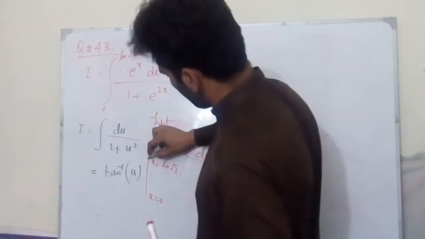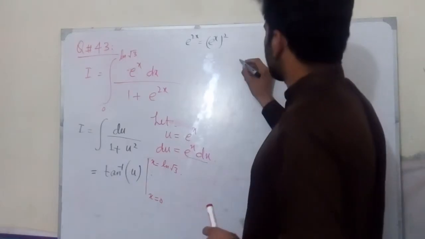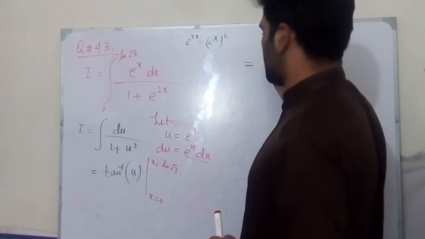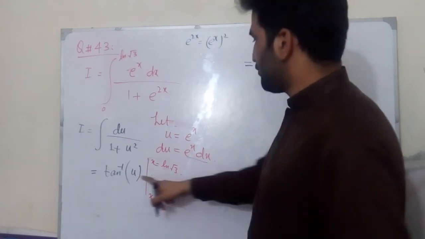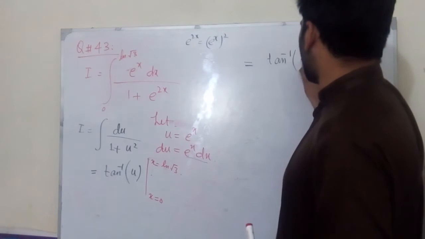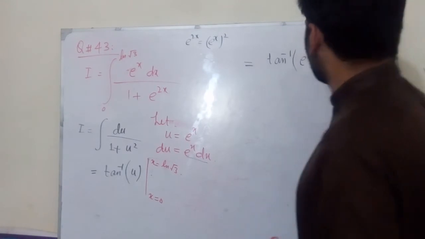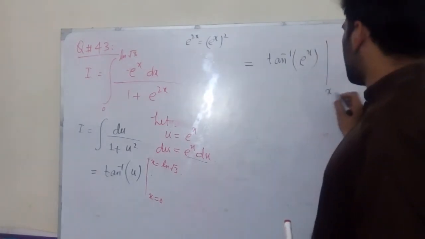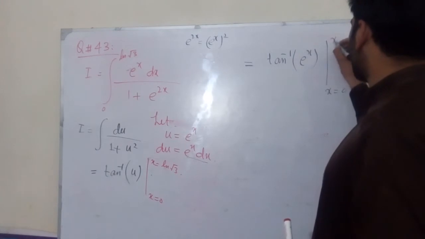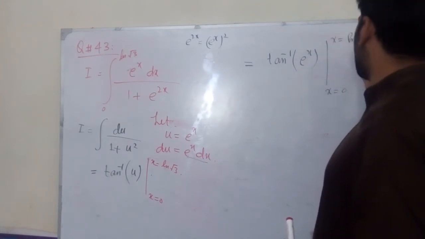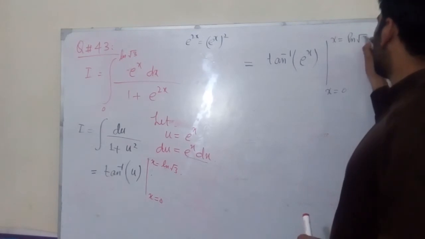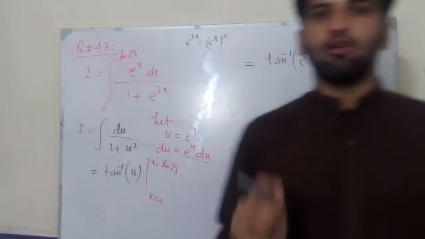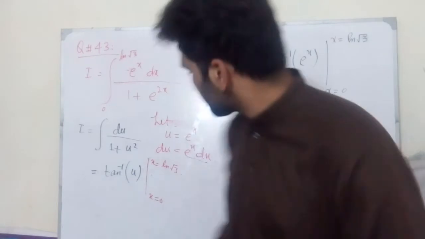So this equals tangent inverse of u, and u is e power x, and x is from 0 to natural log of under root 3.